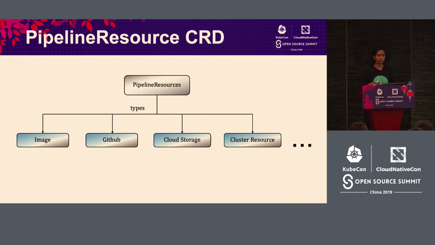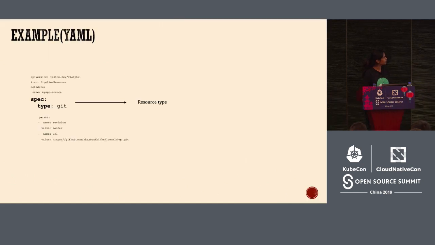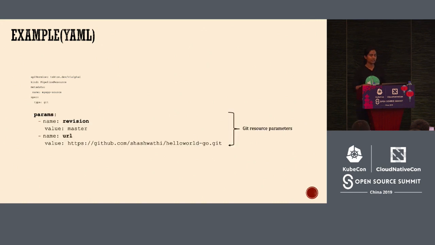So as you define a GitHub pipeline resource type, let's look at a sample YAML for clarification. The type here refers to what the type of the pipeline resource itself is. And then the next section is the parameters. Parameters are the defining characteristics of the pipeline resource itself. And in the context of Git, this refers to the revision, which corresponds to the branch name, or it could be a commit SHA, or it could even be a version tag.